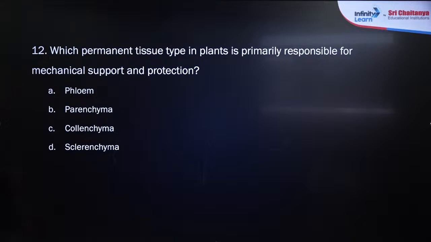I am getting an answer from Purvi as D. What about others? Can I have some more answers? Tanya is saying C, collenchyma. What about other students? Can I get some more responses? Anushka is saying D. So 2 D and 1 C.